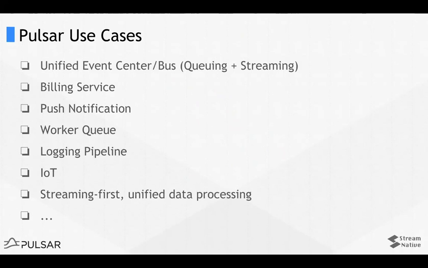A lot of people use it in traditional messaging scenarios, like push notifications and worker queues, and it's also used for streaming use cases, like logging pipelines. Some companies try to use Pulsar as a unified event bus or event center to unify their existing, isolated messaging technologies. And we see increasing demand and adoption coming from putting Pulsar and Flink together to build a streaming-first unified data processing architecture. That's what I'm going to talk about today.